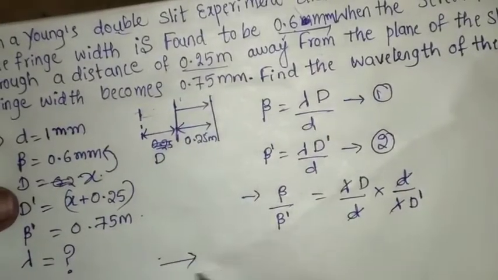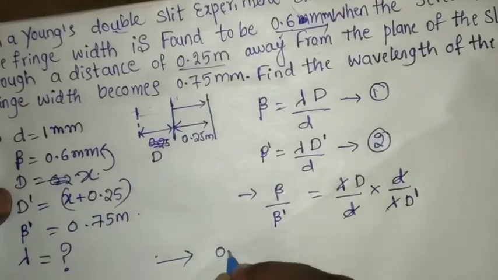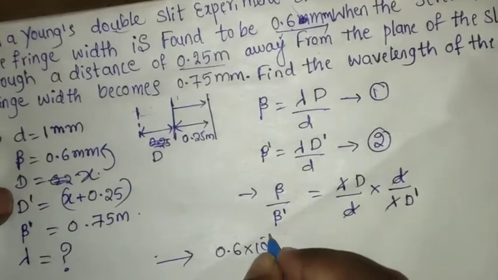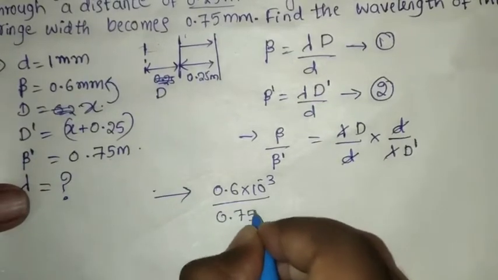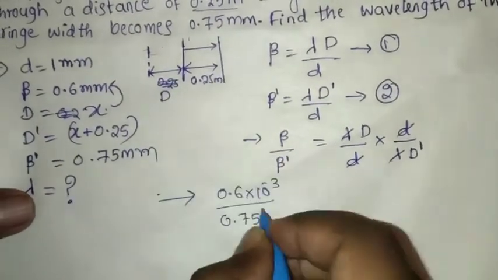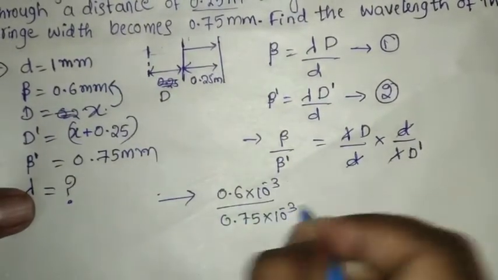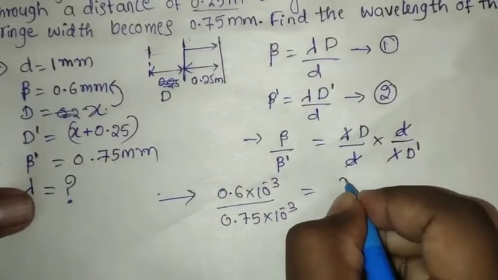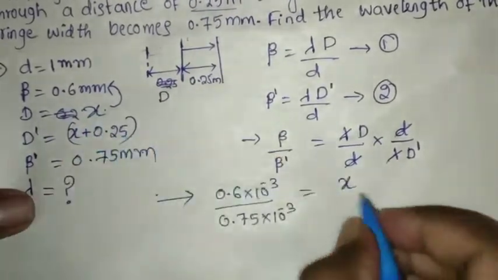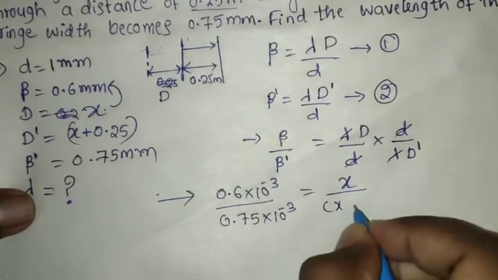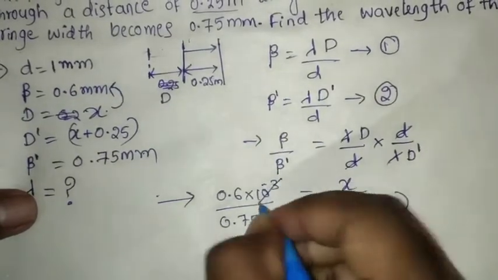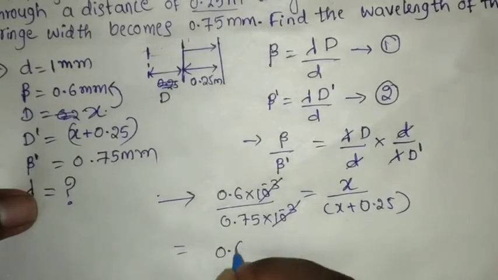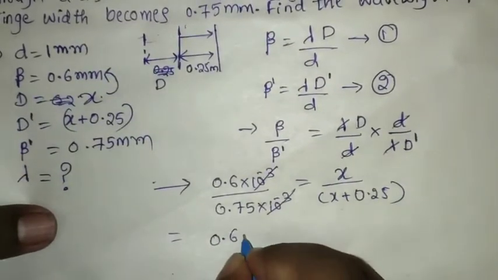They have given beta as 0.6 into 10 to the power minus 3, and beta dash as 0.75 into 10 to the power minus 3, equals x divided by x plus 0.25.